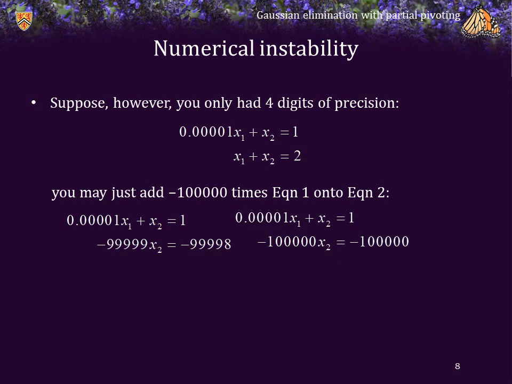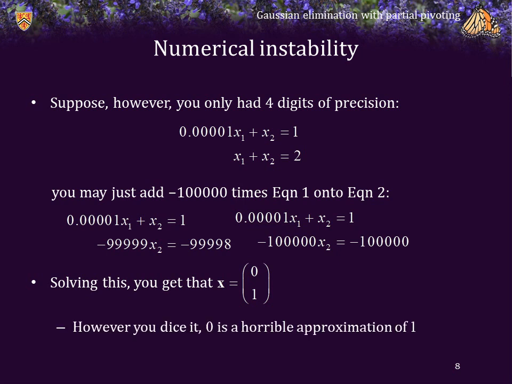And if I substitute x2 is equal to 1 into the first equation, I get that x1 is equal to 0. This is not a good solution, because you'll remember that the correct solution, if we used rational arithmetic, was that the solution was 1, 1, not 0, 1. However you dice it, 0 is a horrible approximation of 1.